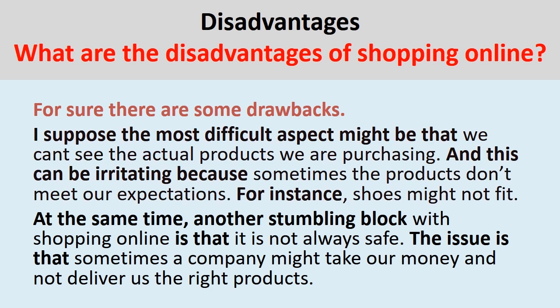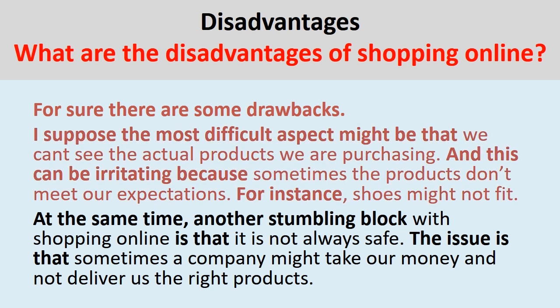Point 1. I suppose the most difficult aspect might be that we can't see the actual products we are purchasing. And this can be irritating because sometimes the products don't meet our expectations. For instance, shoes might not fit.